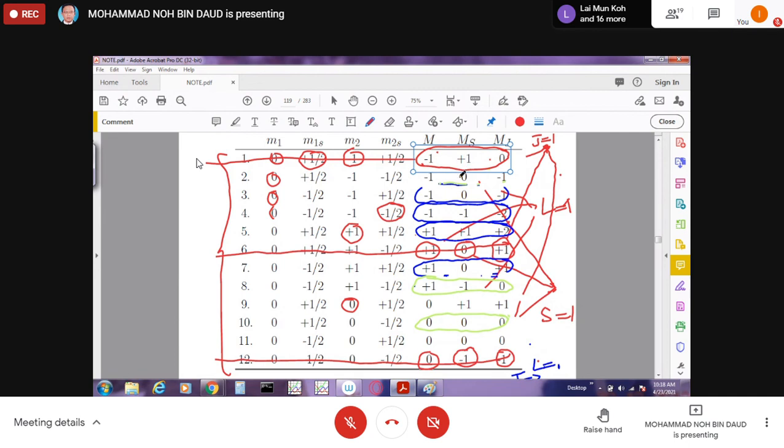We must have here negative 1 and negative 1. Zero. So if we have here 0, we must have the MS here, positive and negative 1. So let's say we choose this one.